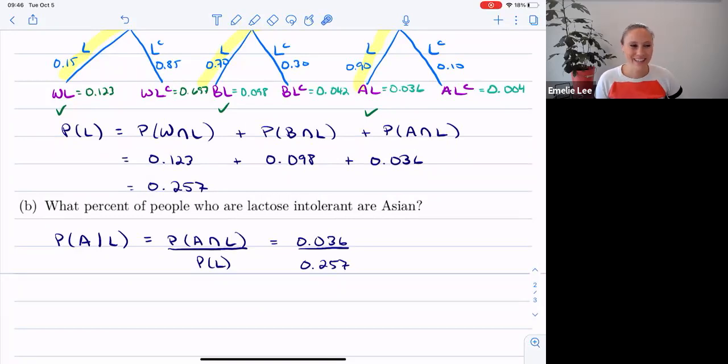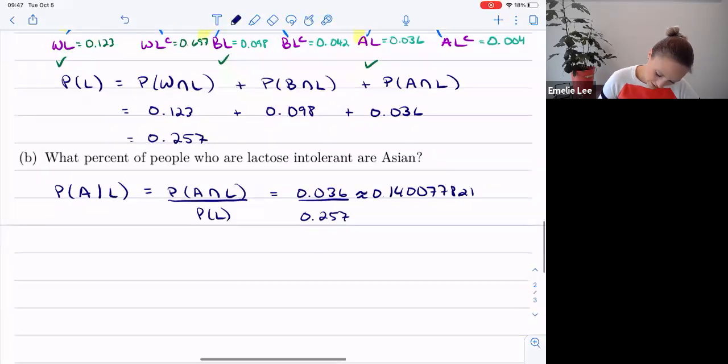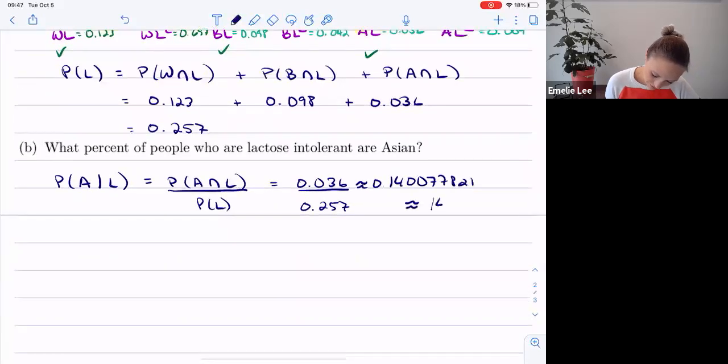Exactly, good. So 0.036 divided by 0.257 is 0.140077821. So that's going to be roughly 14%.